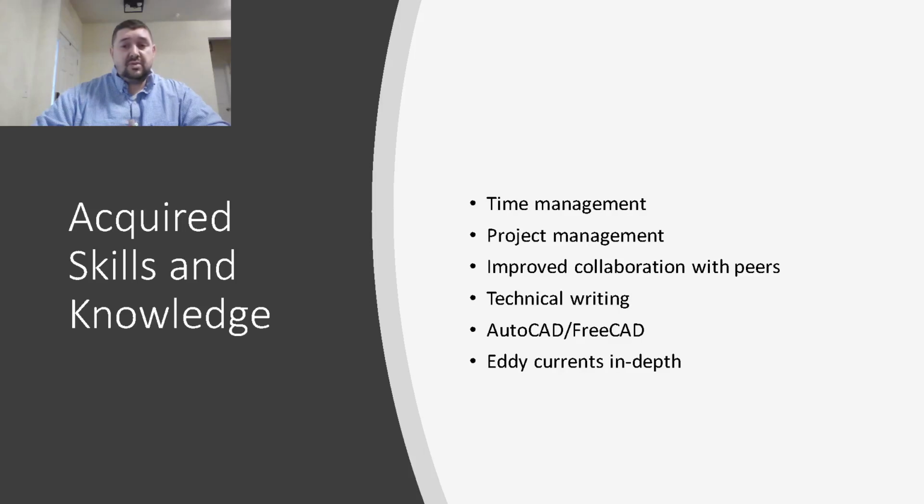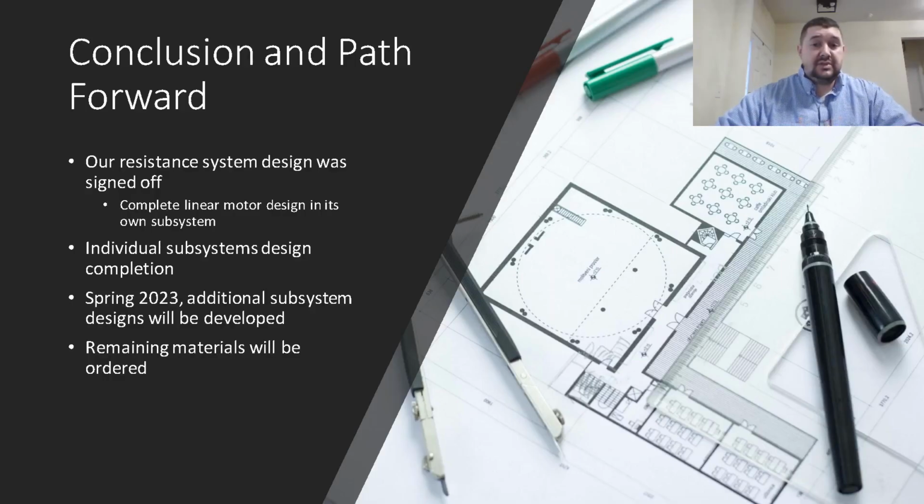And then we also learned more about eddy currents. In our current courses, we learned about eddy currents, but we really had to focus in on eddy current generation. Our resistance system was ultimately signed off.